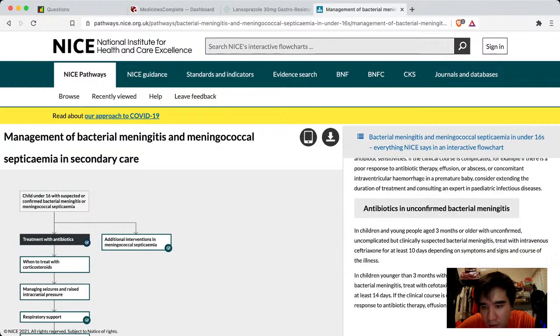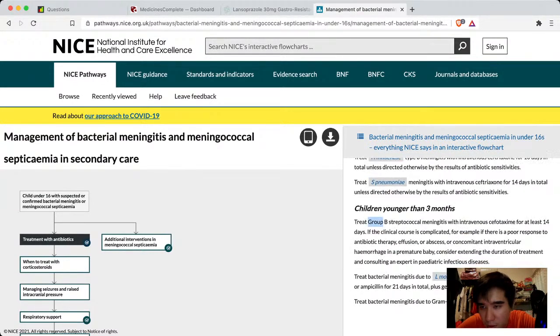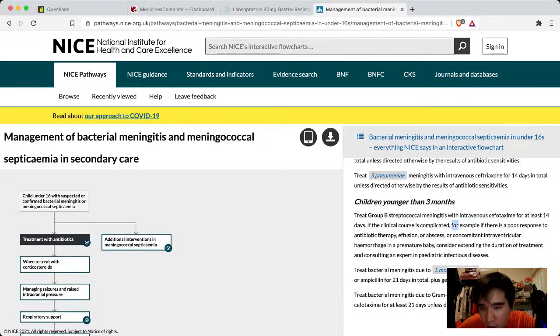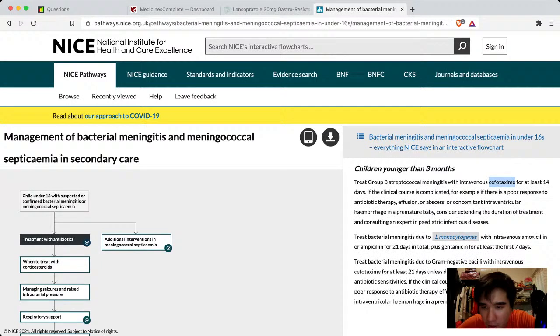It's in the guidelines. Group B strep: give cefotaxime for 14 days. Listeria: amoxicillin or ampicillin for 21 days, plus gentamicin.